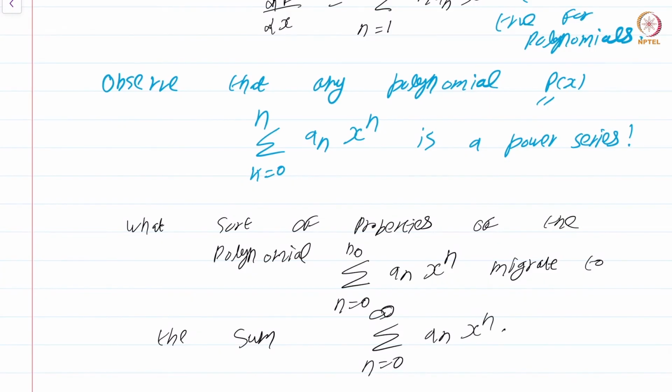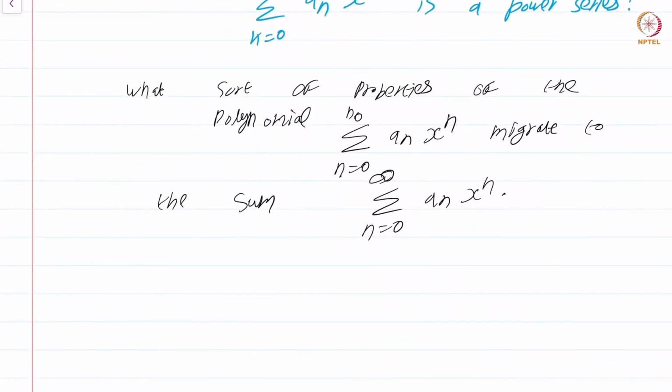A power series is nothing but a limit of polynomials, at least in the places where the series converges. It's a limit of a sequence of polynomials. So we have polynomials, which are about the nicest functions that you can take. Many properties are easy to see for polynomials. Do these just migrate to the limit?